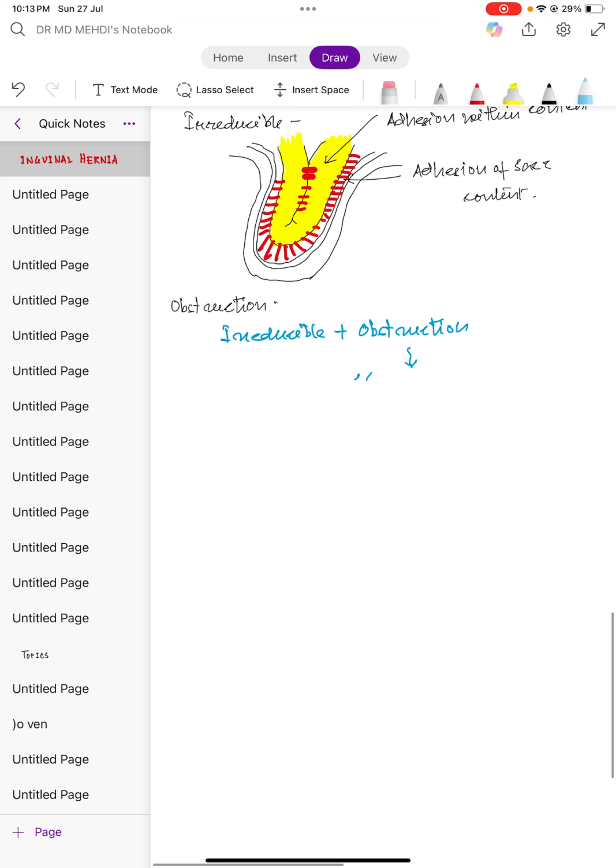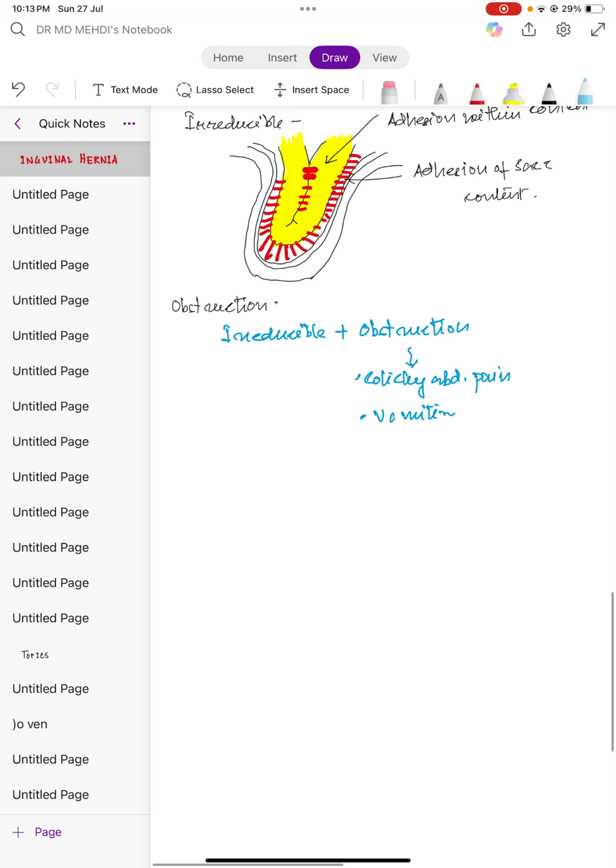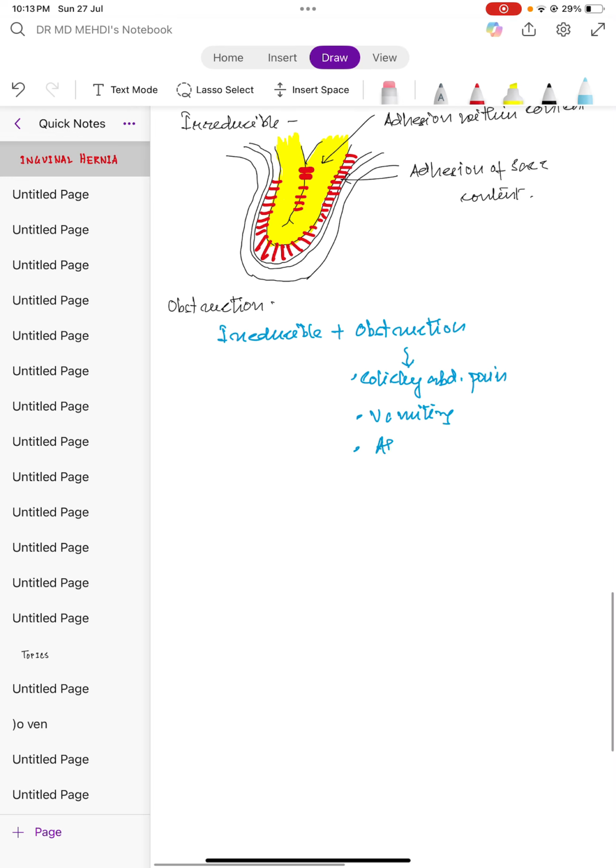We know they are colicky abdominal pain, then vomiting, then abdominal distension. In prolonged conditions there will be obstipation. So if we are getting all these symptoms, then it is an obstructed inguinal hernia.